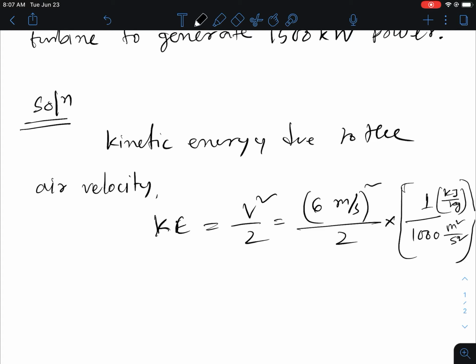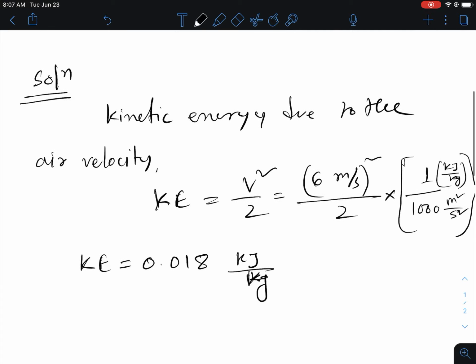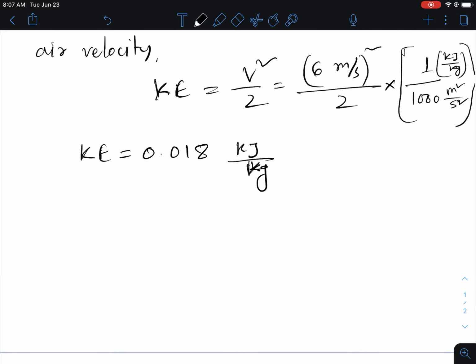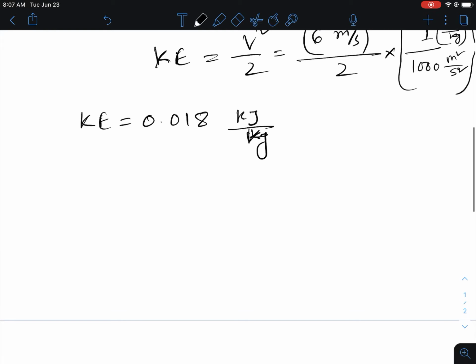So we multiply by this term, and now the kinetic energy will be 36 by 2 divided by 1000, which is 0.018 kilojoules per kg, right? So for 1 kg of airflow it will generate 0.018 kilojoules of energy. So now we got the kinetic energy.